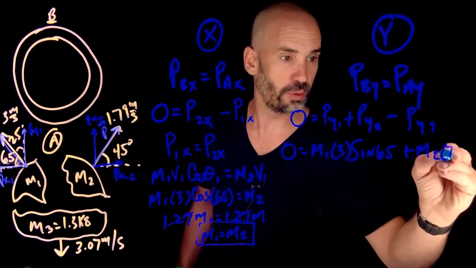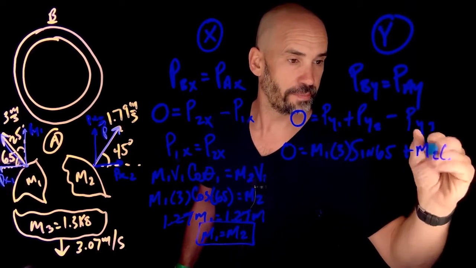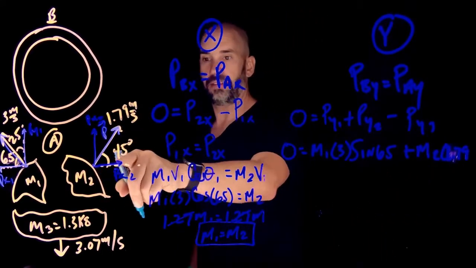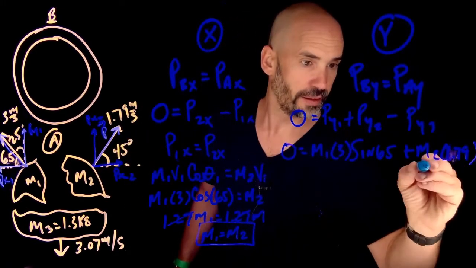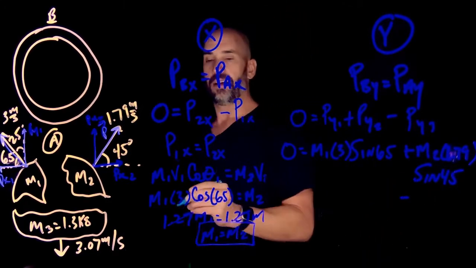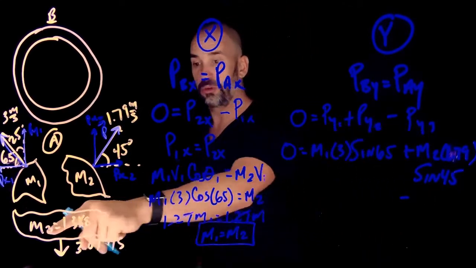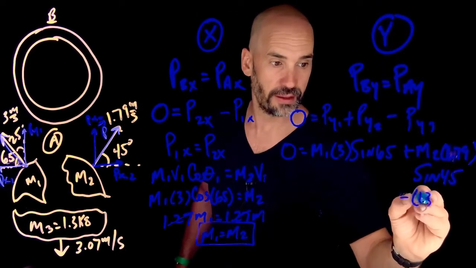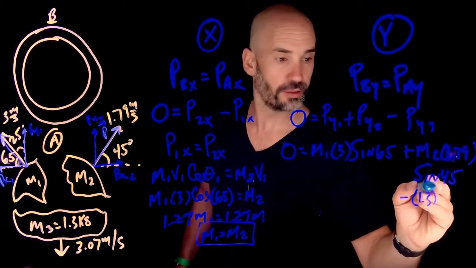But his velocity is 1.79. Okay. And that's going to be sine of 45. Right? And then we're subtracting py3, which there's no angles here. It's just going to be this 1.3 times 3.07.